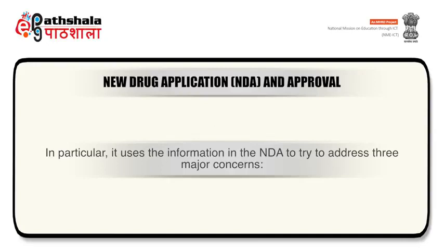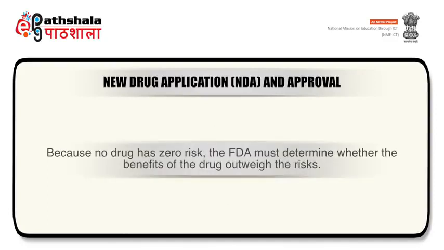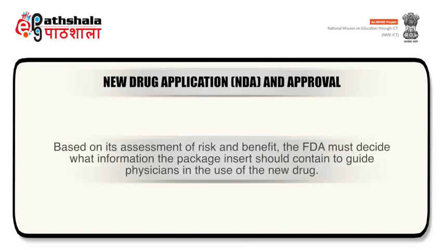In particular, it uses the information in the NDA to try to address three major concerns. First, because no drug has zero risk, the FDA must determine whether the benefits of the drug outweigh the risk. Second, based on its assessment of risk and benefit, the FDA must decide what information the package insert should contain to guide physicians in the use of the new drug.